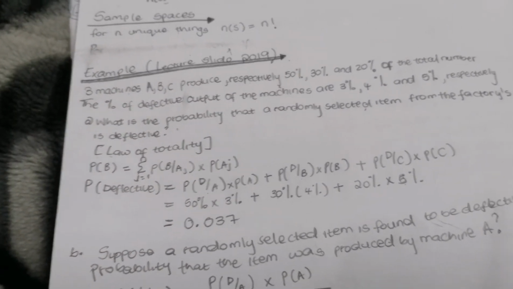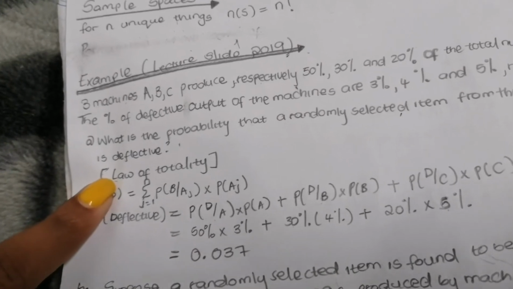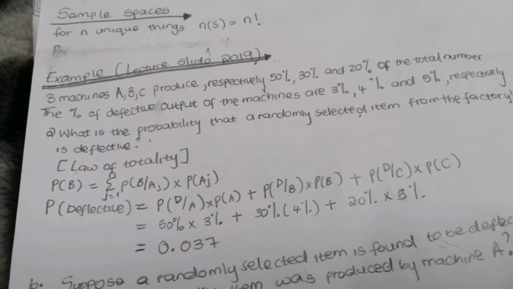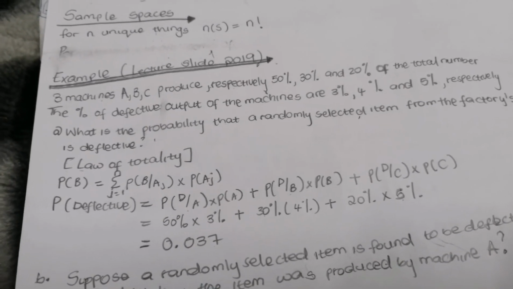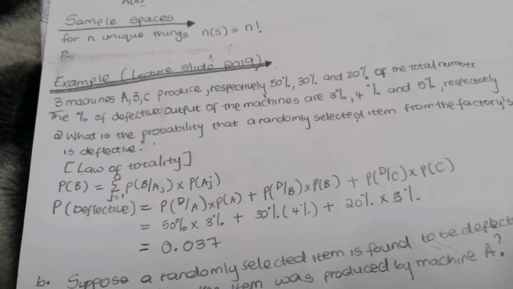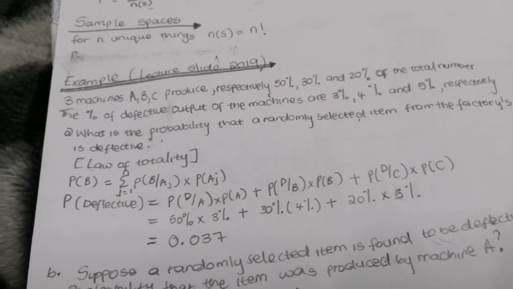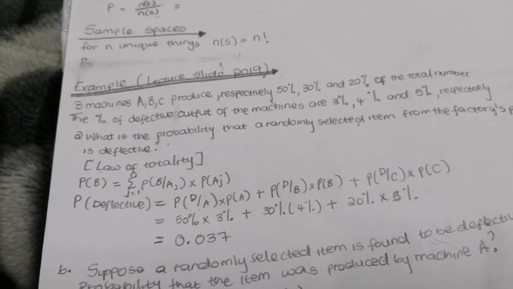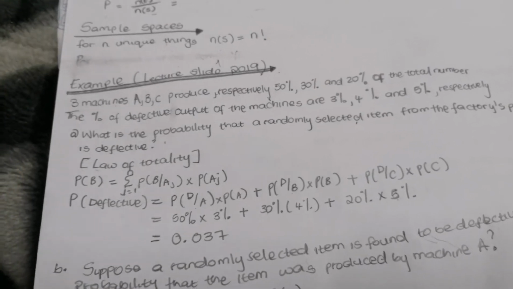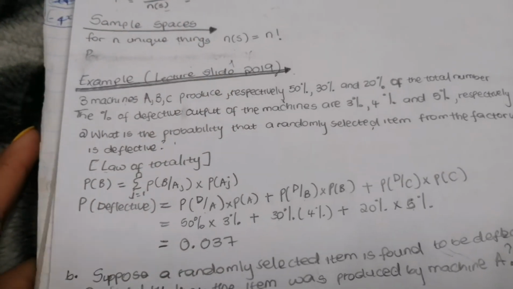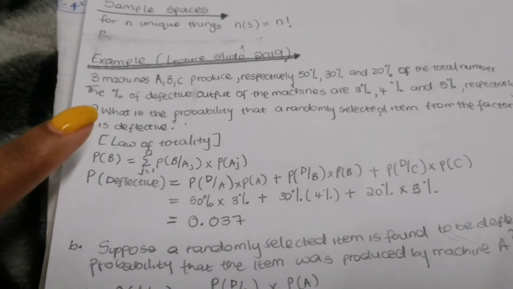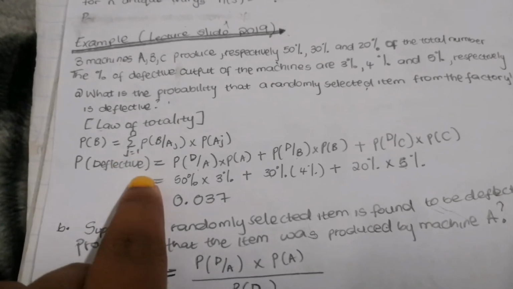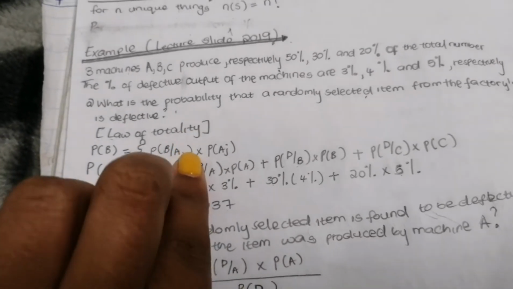We are going to use the law of totality. We can see that we have different machines that are producing these items. So to find the probability, we need to sum up all the probabilities using the law of totality, right? I hope you know the law of total probability. Please check it out if you haven't. From the law, they gave us this formula.